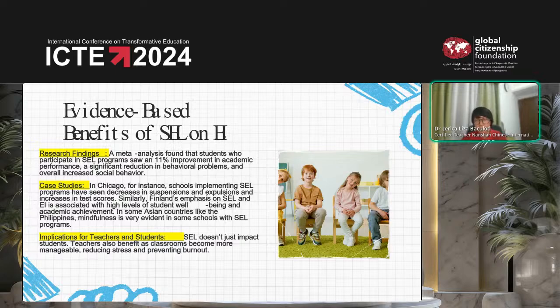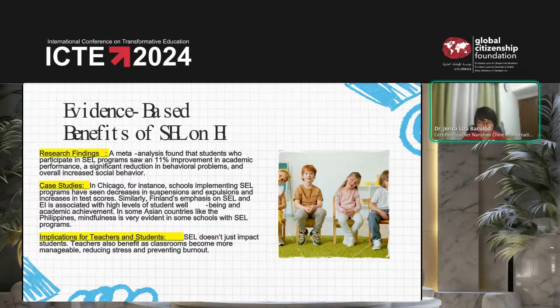So SEL really helps students in terms of focusing on their priorities, and reductions in behavioral problems like bullying. Okay. Now for case studies. In Chicago, for example, schools implementing SEL programs have seen a decrease in suspensions and expulsions and increased test scores.